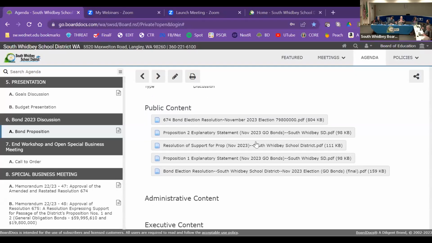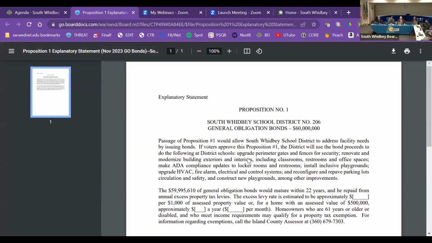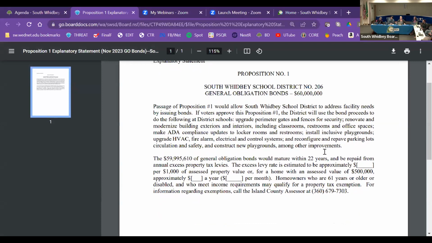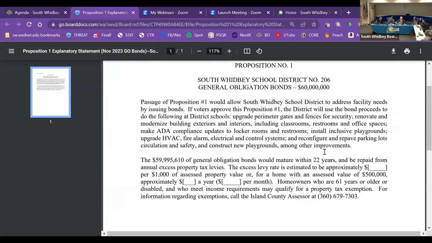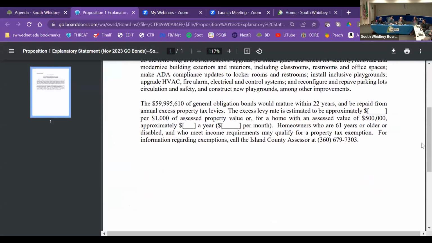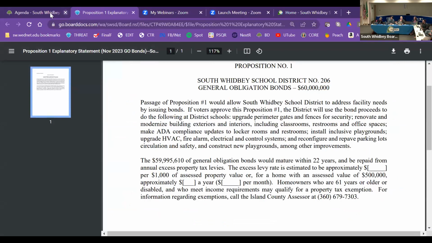Yeah, you have to really read it. And then there will be a pro and con statement associated that we will need to find community members to write. It starts on page 10, what it'll look like in the, oh wait, I'm looking at a different document. That's the proposition one. Yeah.